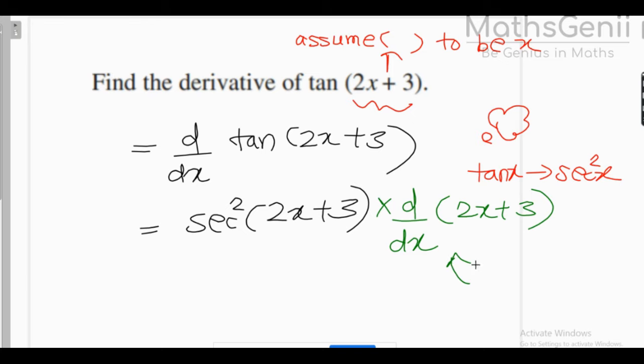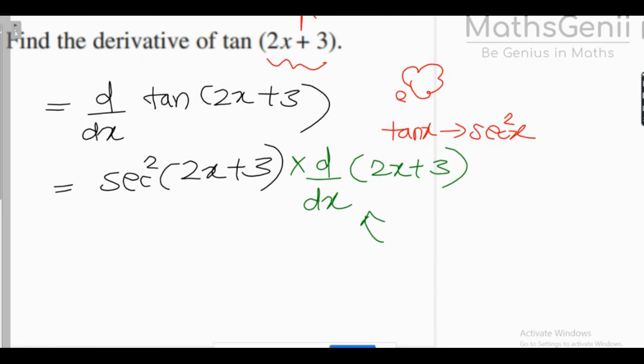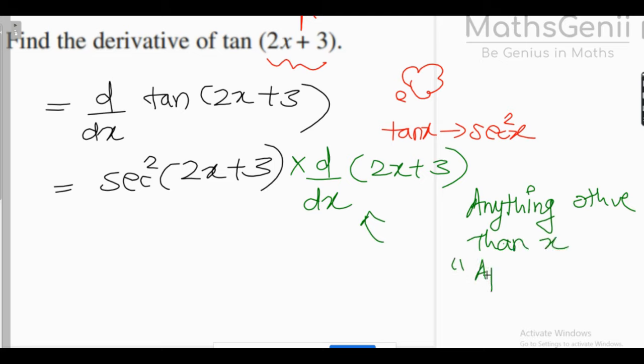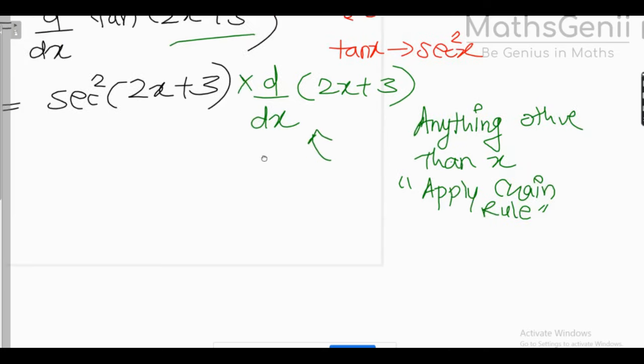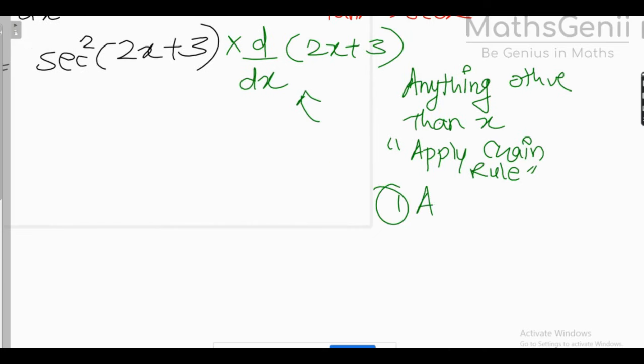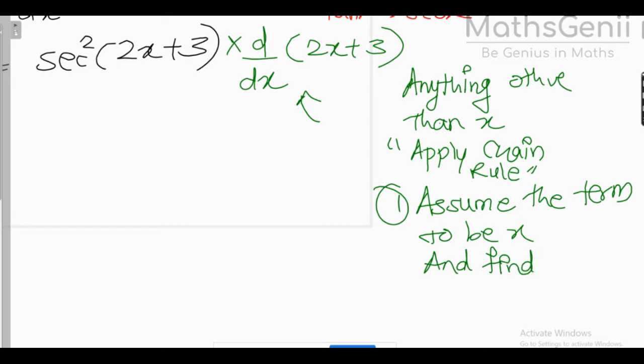So always remember, I'm just writing it down, you can take it as a note somewhere: for anything other than x, apply the chain rule. What is the chain rule? The first step is to assume the term to be x and find the derivative normally.